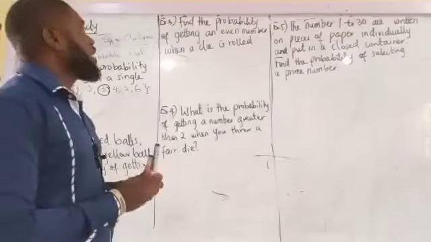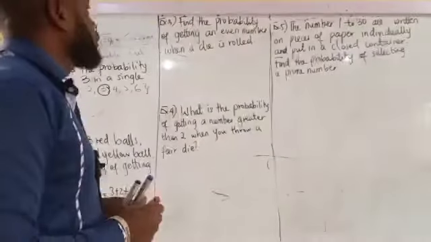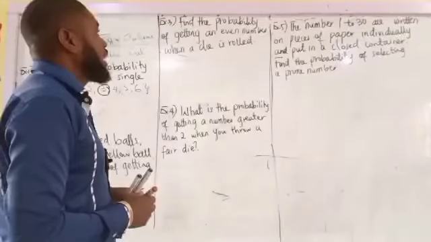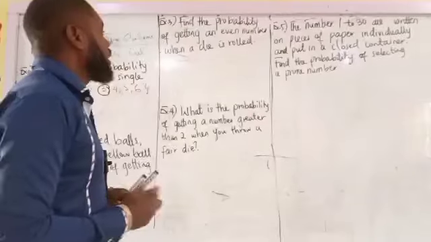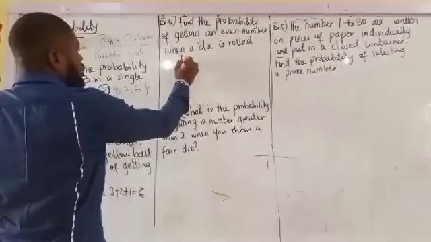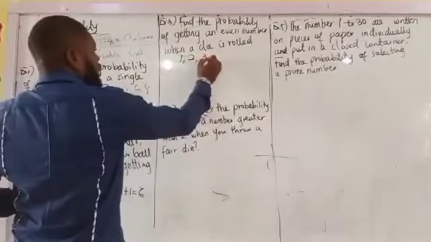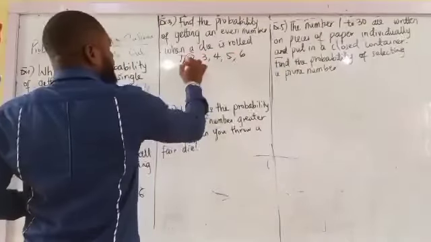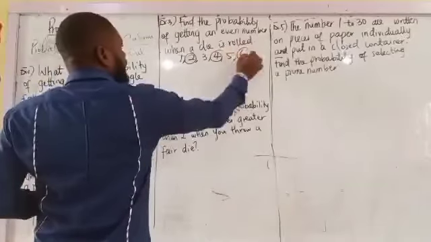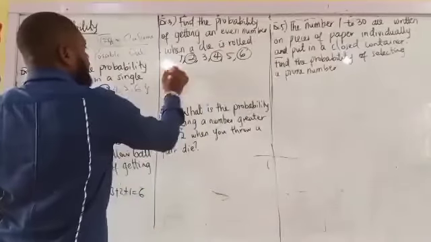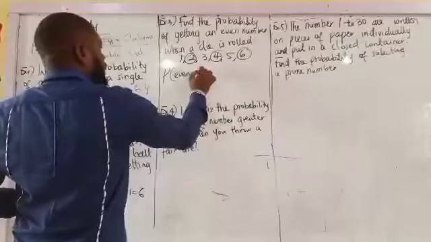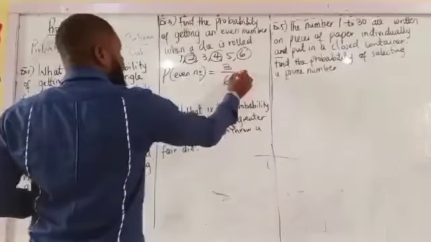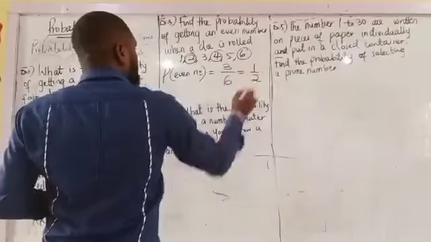Example three: find the probability of getting an even number when a die is rolled once. Again, I will repeat the values of a die: one, two, three, four, five, and six. These are the even numbers. Favorable outcomes are three, possible outcomes are six, so it becomes one over two.